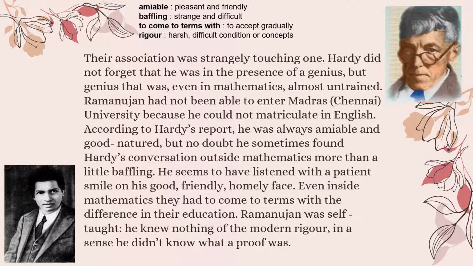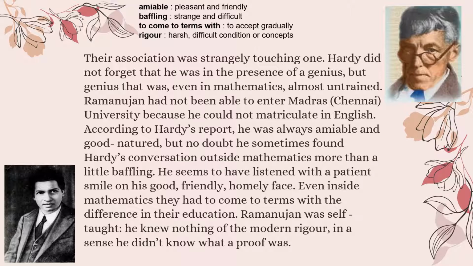Ramanujan had not been able to enter Madras University because he could not matriculate in English. According to Hardy's report, he was always amiable and good-natured, but no doubt he sometimes found Hardy's conversation outside mathematics more than a little baffling.